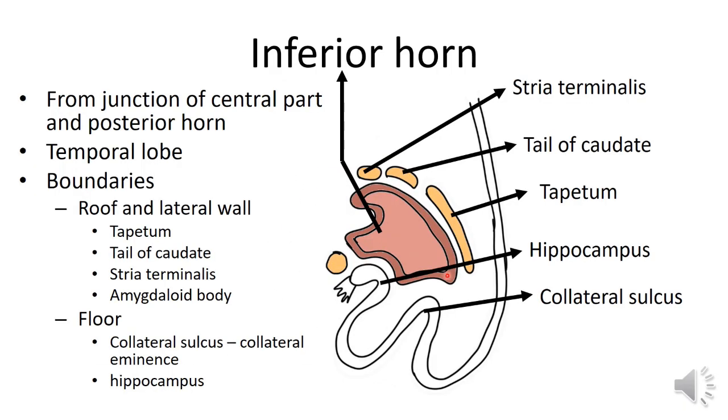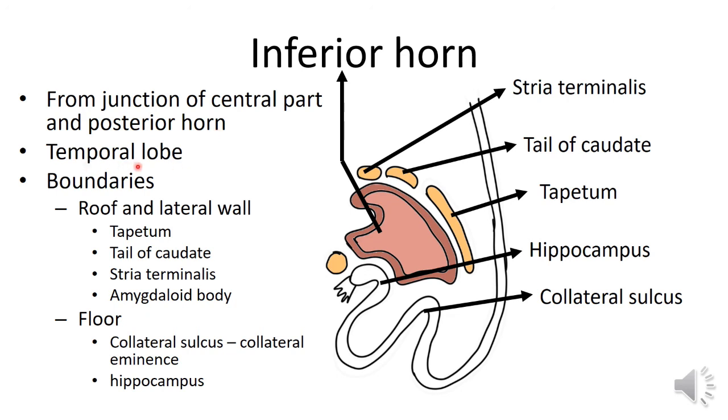This is the section at the level of inferior horn. The one here is the inferior horn. The inferior horn extends from the junction of the central part and posterior horn of the lateral ventricle into the temporal lobe.